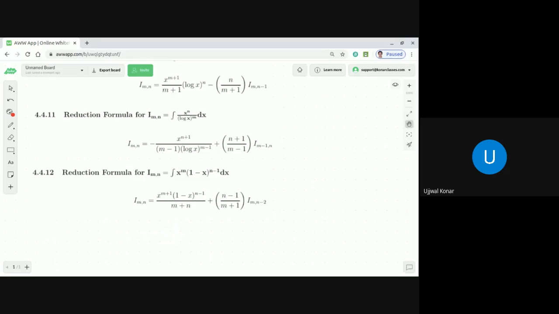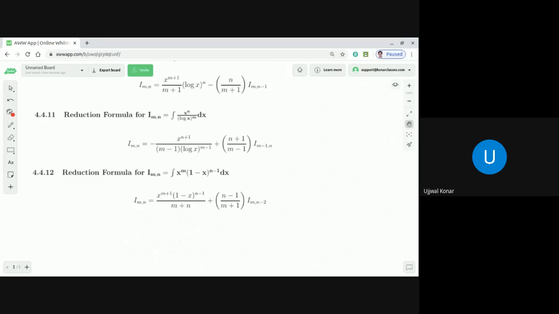Did you get it? Im comma n is equal to the integration of x to the power m into 1 minus x to the power n minus 1 dx. Okay. Here one advantage is that n is getting reduced by 2. Got it? Yeah. And that is an advantage.